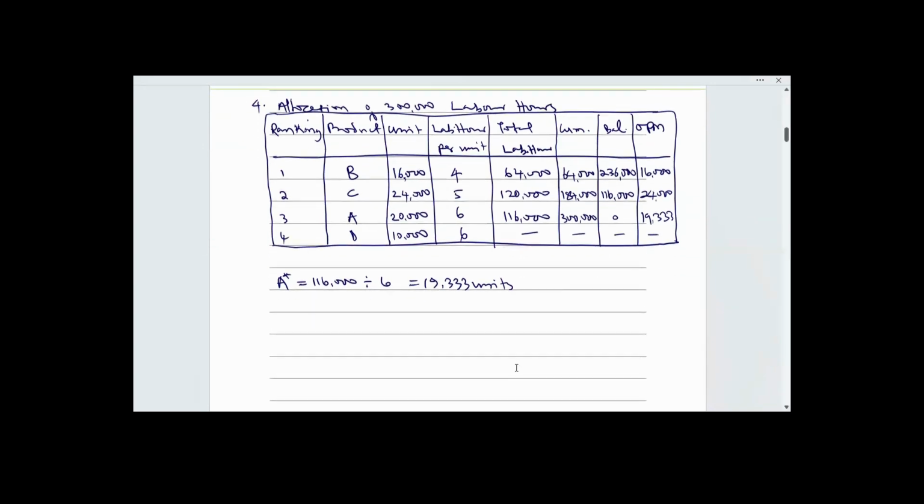What do you have? 116,000 divided by 6 equals 19,333 units. So here is 19,333 units. Nothing to produce for product D because we don't have sufficient labor hour.